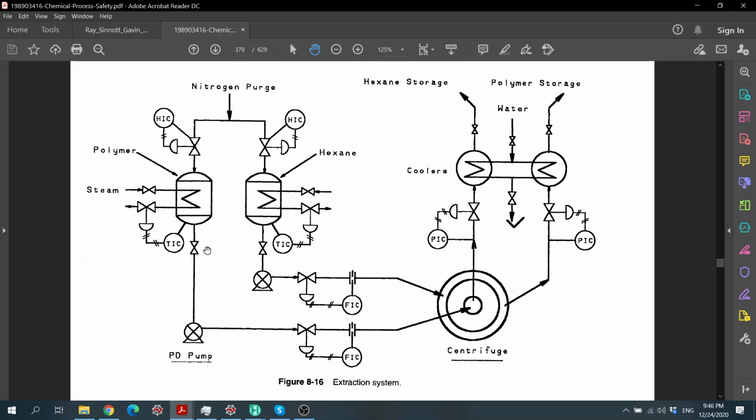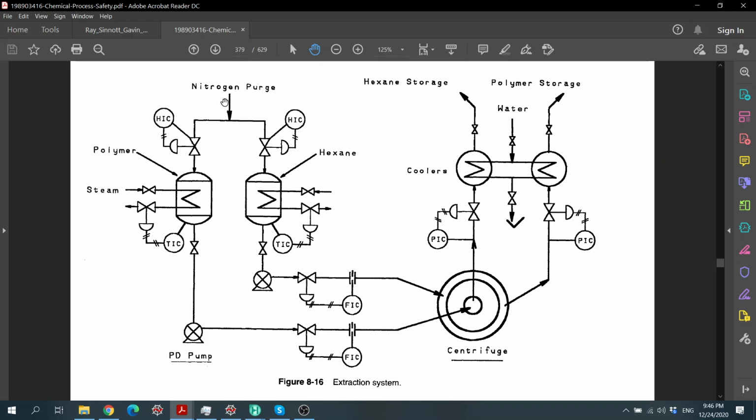So we could say that this line is stuck closed, and then maybe this valve is fully open, or maybe there's a runaway reaction, or maybe there's a high pressure, and this is fully opened, anything that could create the overpressure in the vessel.